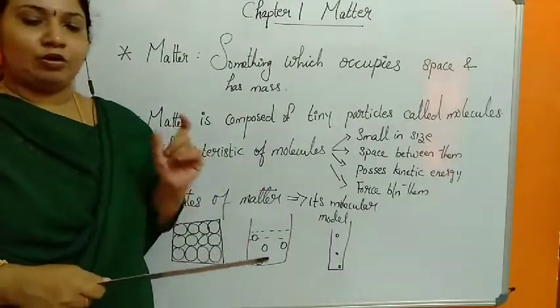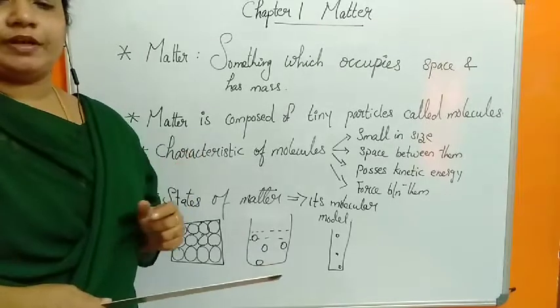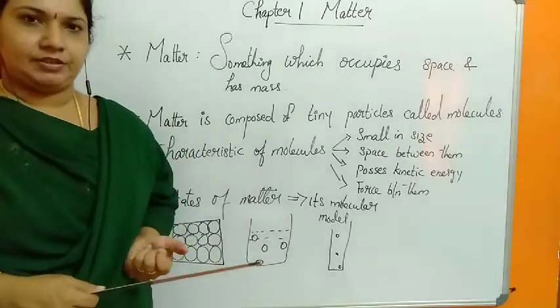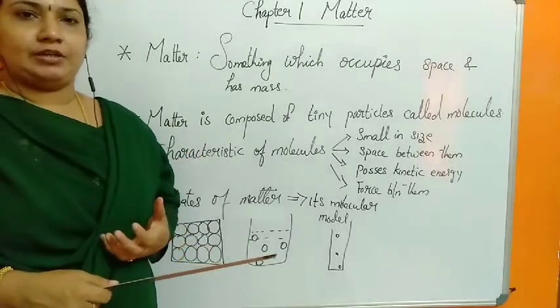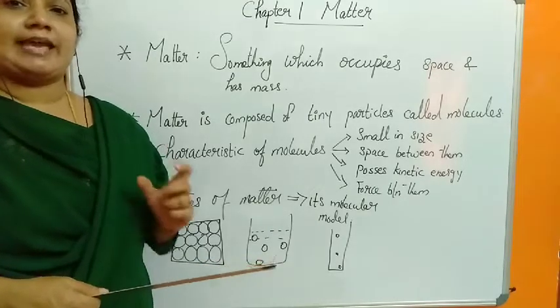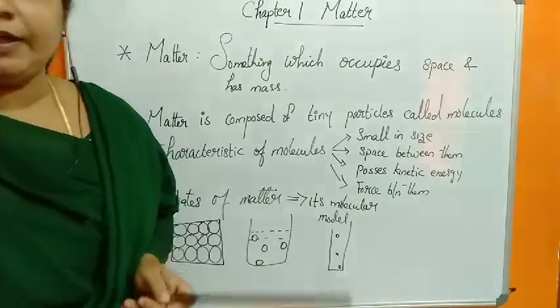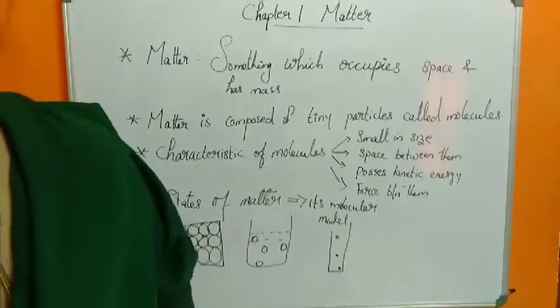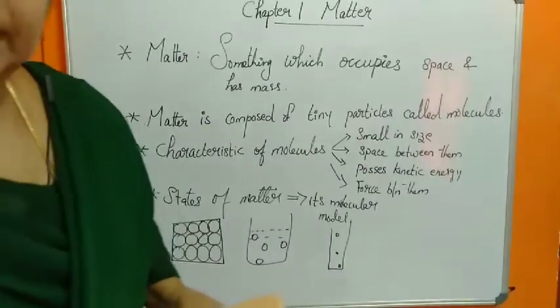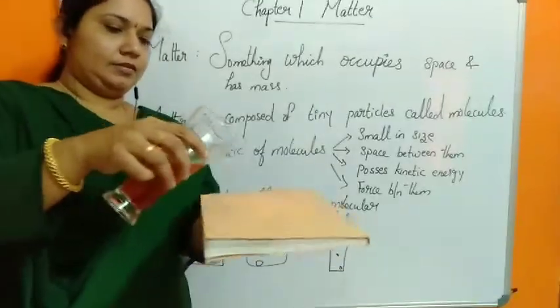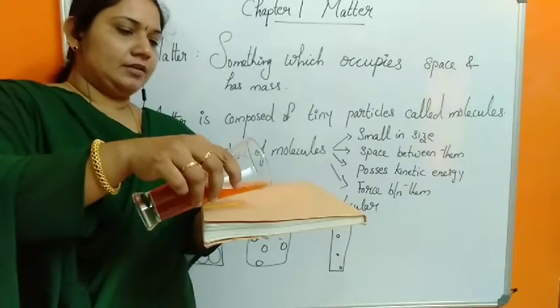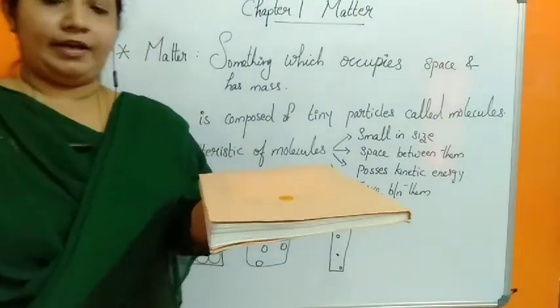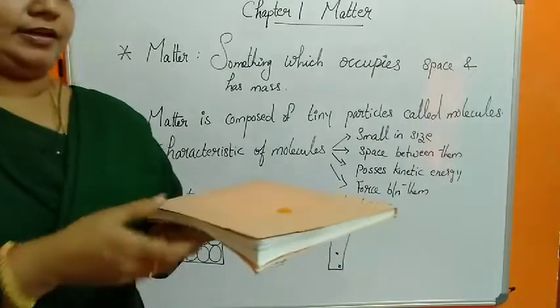Now we have a small topic called force of adhesion and force of cohesion. The force of attraction between the molecules of the same substance. When we take water, you can see a drop of water. I don't know whether you are able to see it clearly or not.